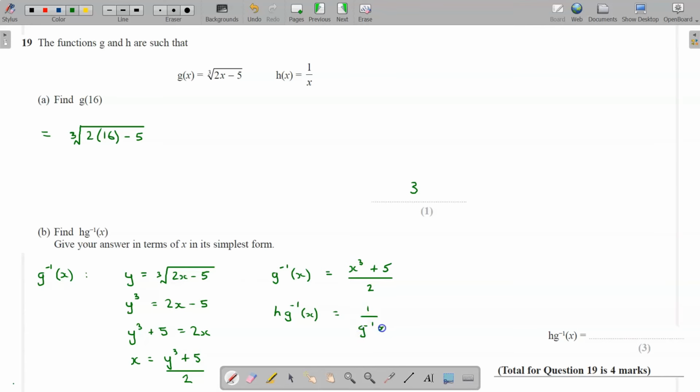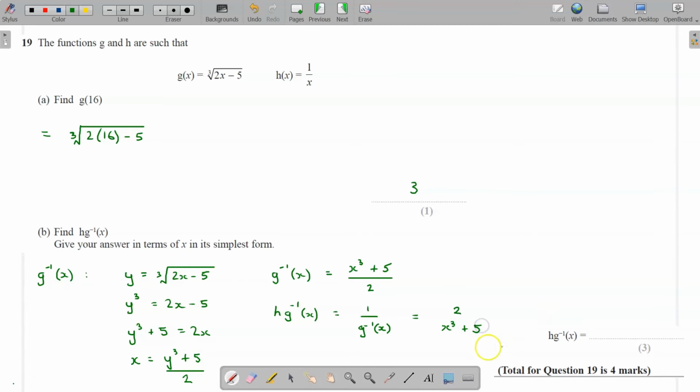Now g to the minus 1 of x is this thing here. So 1 over that is the reciprocal of that, which is equal to 2 over x cubed plus 5. So it's just inverting it. 2 over x cubed plus 5.